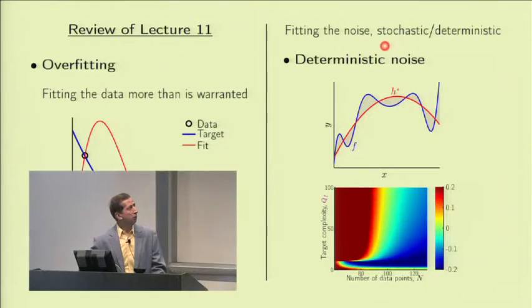But the novel notion was the fact that even if we don't have stochastic noise, even if the data is not noisy in the conventional sense, there is something which we refer to as deterministic noise, which is a function of the limitations of your model. So here your model is a fourth order polynomial. Other models will give you different deterministic noise.